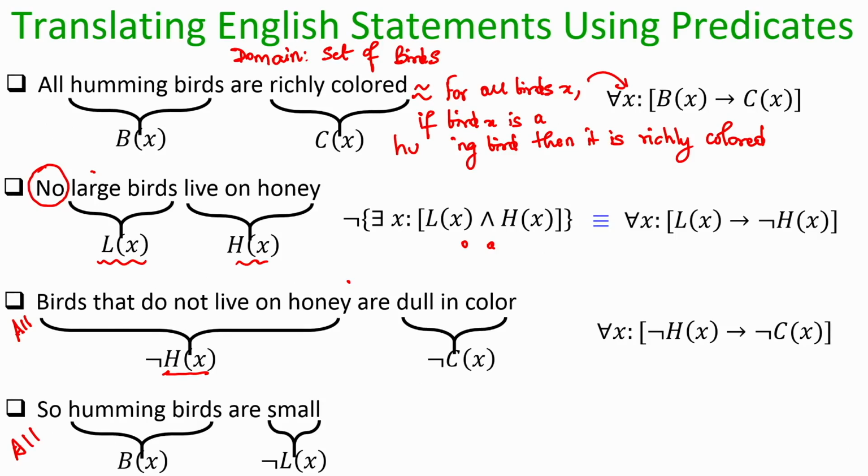Another way to reinterpret this English statement is that for all birds x, if bird x is a hummingbird, then it is a small bird. So, there is an implicit if-then involved here, and that is why this English statement will be represented by this expression. Okay. So, that is how you can convert your English statements into predicates.